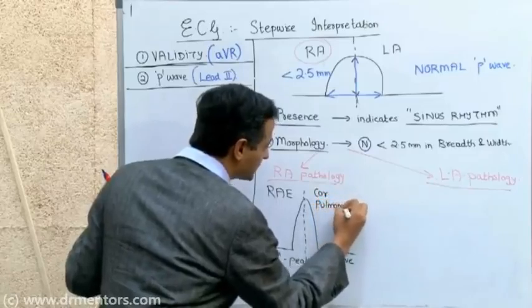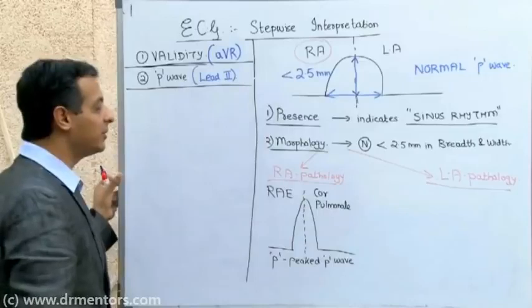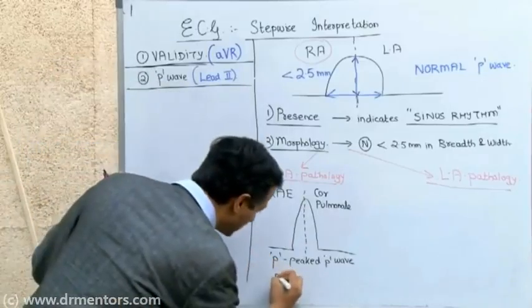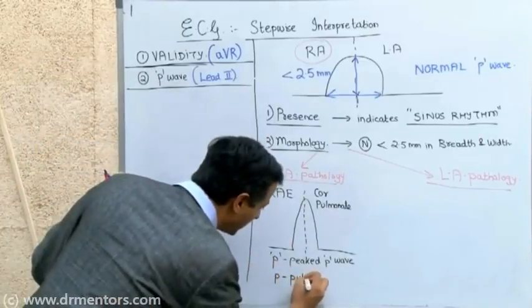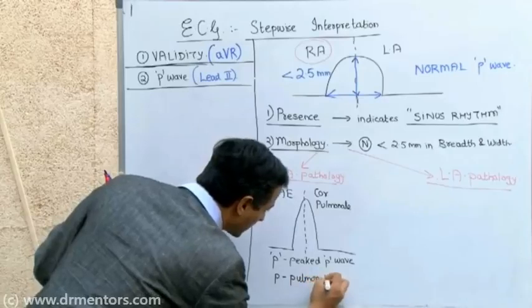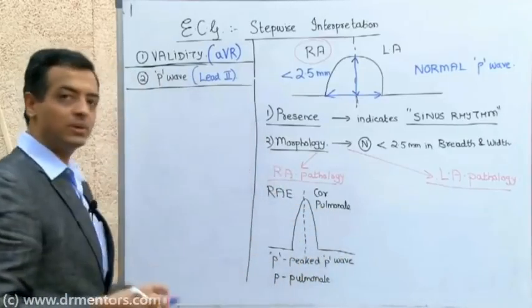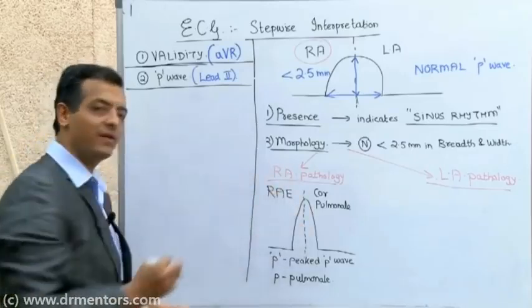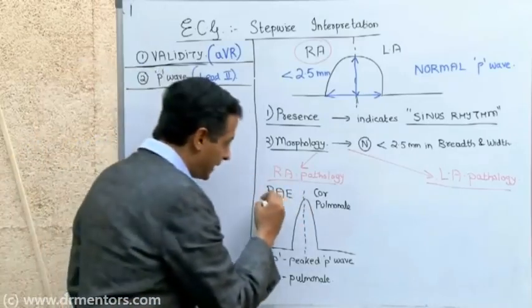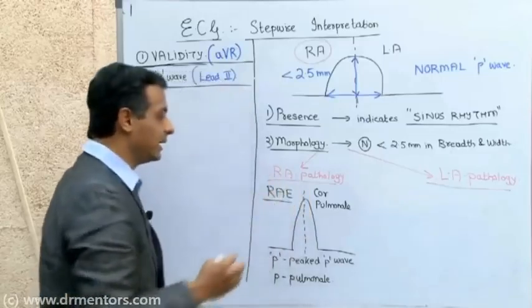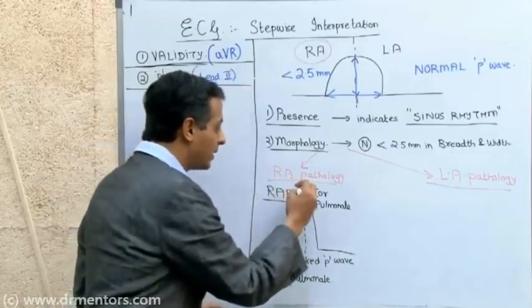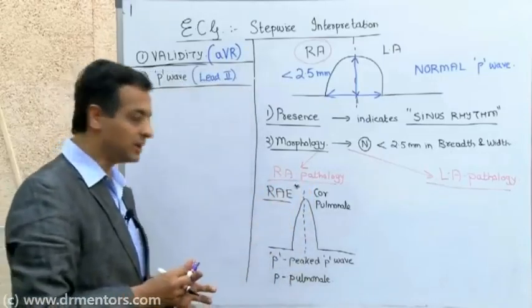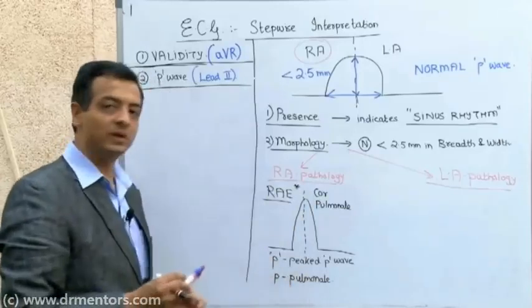The common cause is cor pulmonale. Hence it is also called P pulmonale. So tall peaked P wave is suggestive of right atrial enlargement commonly seen with cor pulmonale.